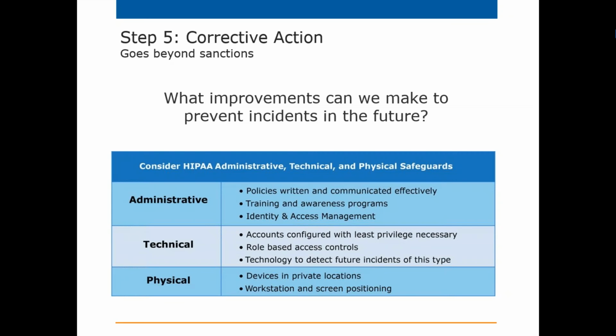Well, there are technology solutions out there that are built to do that for you and to alert you when it happens. So there is technology that can make this job easier. If I know that the behaviors I'm seeing are individuals going into their own record, or into family and friends, some technology can help catch that when it happens and help us respond more readily.